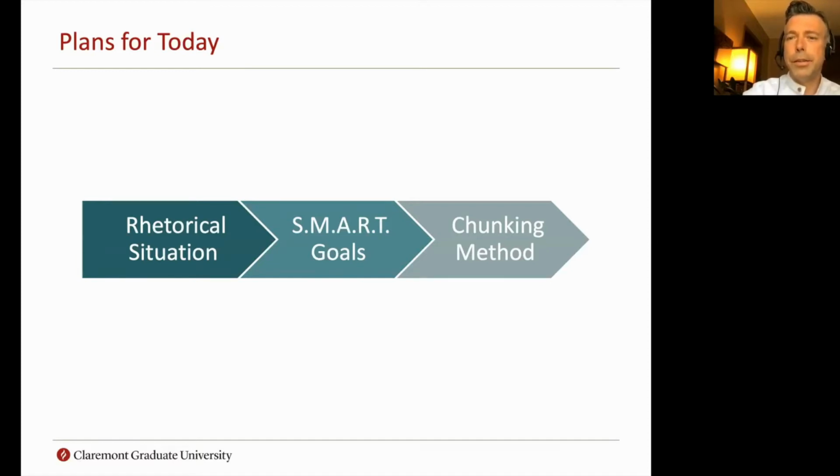method, I guess you can call it, of how to break down a goal into different parts through the SMART acronym: specific, measurable, some key elements. And then after that, we'll talk about the chunking method, which is nicely symbiotic with SMART goals.